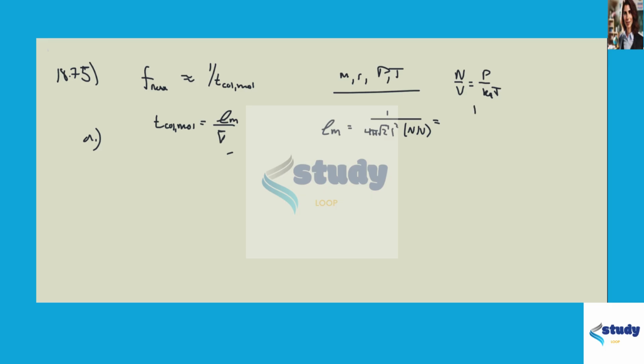So this is given as kBT over 4 pi root 2 r squared P. So now, what is v bar? v bar is the square root of 8 kBT over pi m. And again, these are things we know now, so we have everything in terms of things we know.